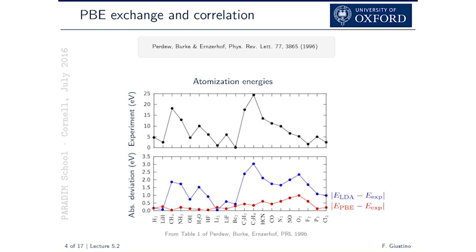For instance, if you look at CH4, the deviation in the case of LDA is maybe 1.5 or 2 electron volts from experiment. That matches with what we've seen for the binding energies of chlorine and nitrogen, where there was an overestimation of about 1 volt. And if you do PBE, you see that the deviation is very small, a few tenths of an electron volt.